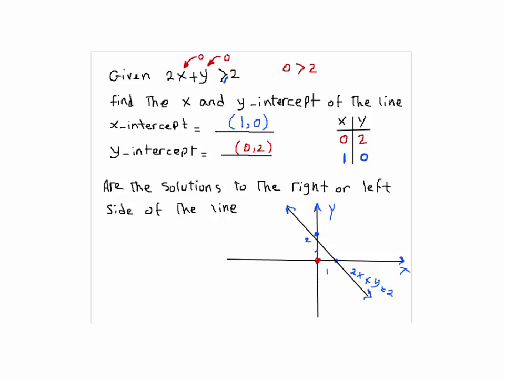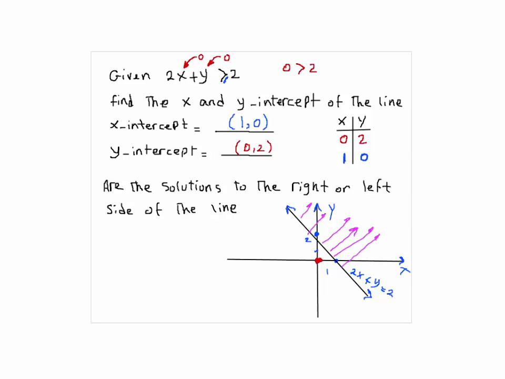Does that make sense, that 0 is greater than 2? Eric? No. Okay, so the solution would be to the other side of the test point. So the solution that we are looking for would be to the right of the line, like this.